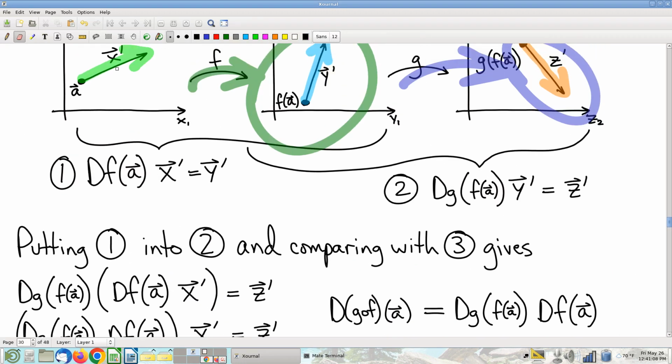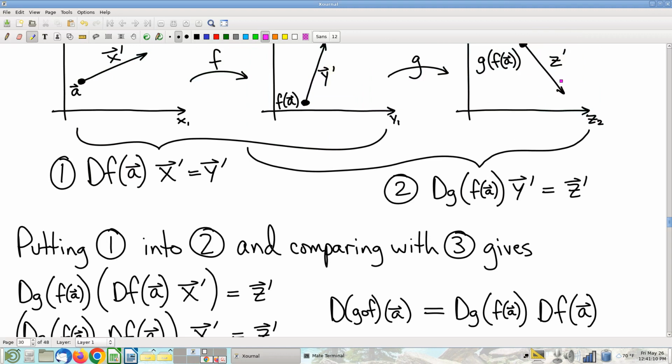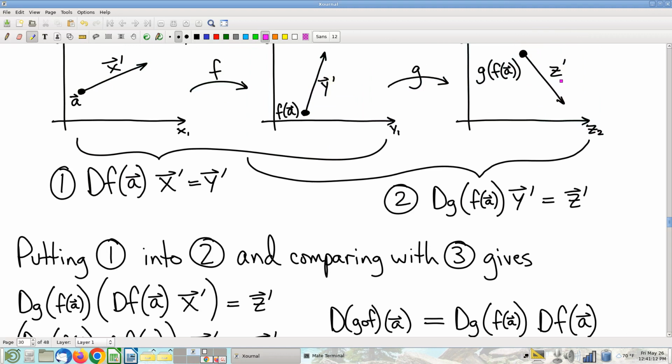Now, there's a little subtlety here that I do need to talk about, and you'll probably recognize it from the single variable version of this, but it's about where these matrices are evaluated. So where is this matrix here evaluated? DF evaluated where? Well, look, F is being evaluated at that point, right?